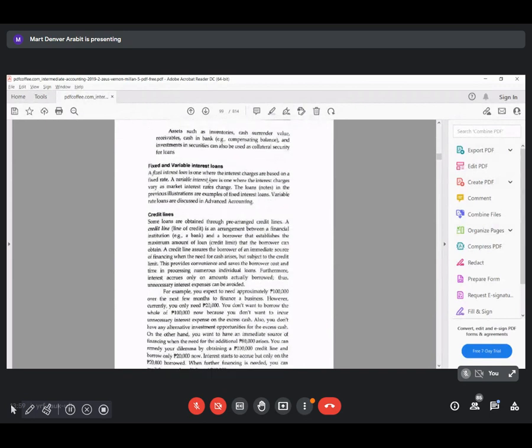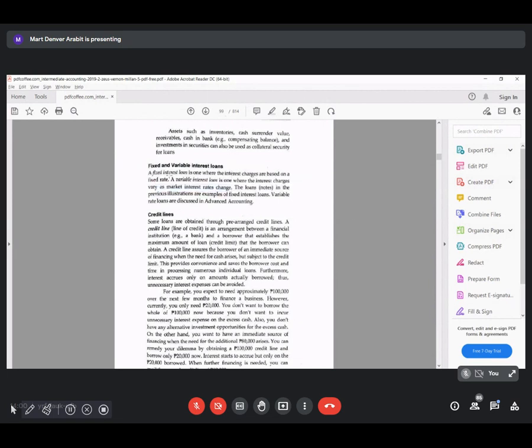So, fixed and variable interest loans. Fixed interest loan is one where the interest charges are based on a fixed rate from the word itself, and variable interest loan is where the interest charges vary as market interest rates change.